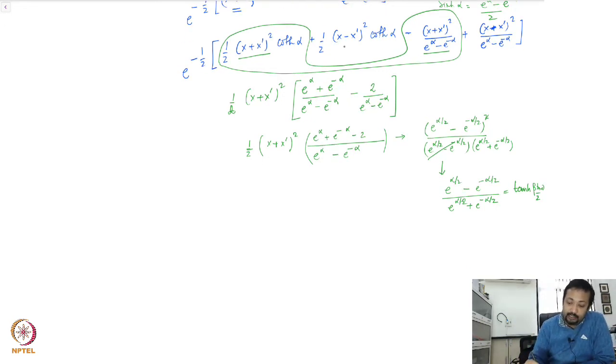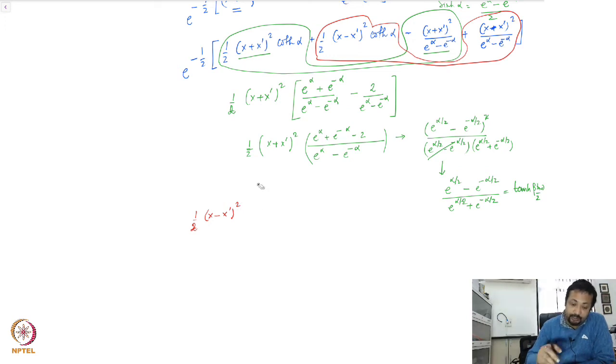Similarly, if you now look at this term and combine it with this term, you are going to get half of (x minus x prime) whole square times coth alpha, which is again (e to the power alpha plus e to the power minus alpha) divided by (e to the power alpha minus e to the power minus alpha), plus 2. Sorry, this has to be plus now, both of them have the plus signs.